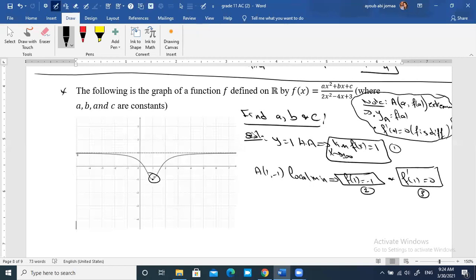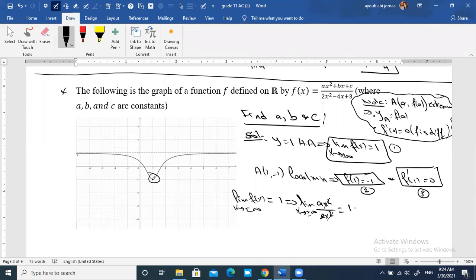If you start from the limit of f of x as x approaches positive or negative infinity is equal to 2 or 1, it means that the limit as x approaches infinity is the limit of the highest exponents, ax squared over 2x squared, which is equal to 1.